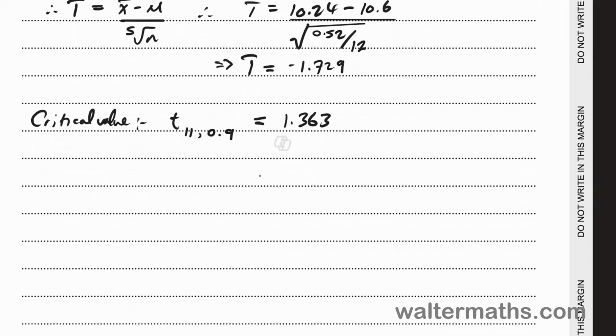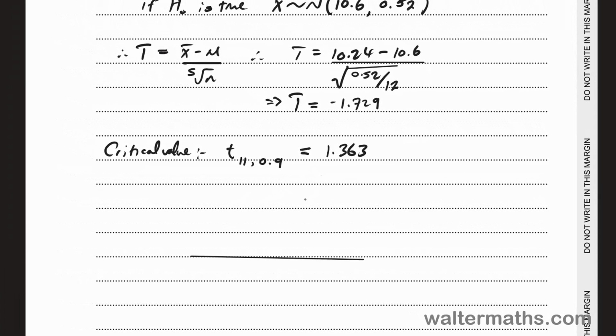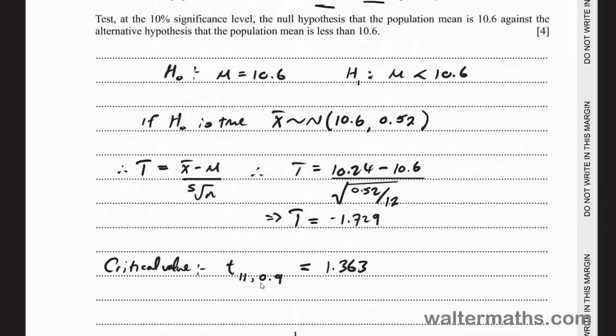All right, so the situation is like this, right? We've got our t distribution curve. The mean is right at the middle, and this is a lower tail test since it's less than here.